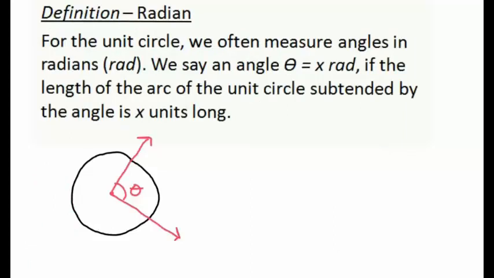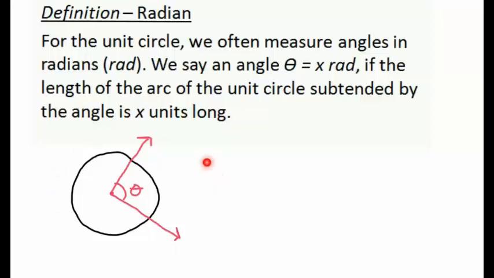Often in calculus, it's much easier for us to talk about angle measures using radians rather than degrees. So I'm going to introduce the definition of a radian measure here. In our unit circle, we say that an angle theta is x radians, or x rad, if the length of the arc of our circle subtended by the angle happens to be x units long.